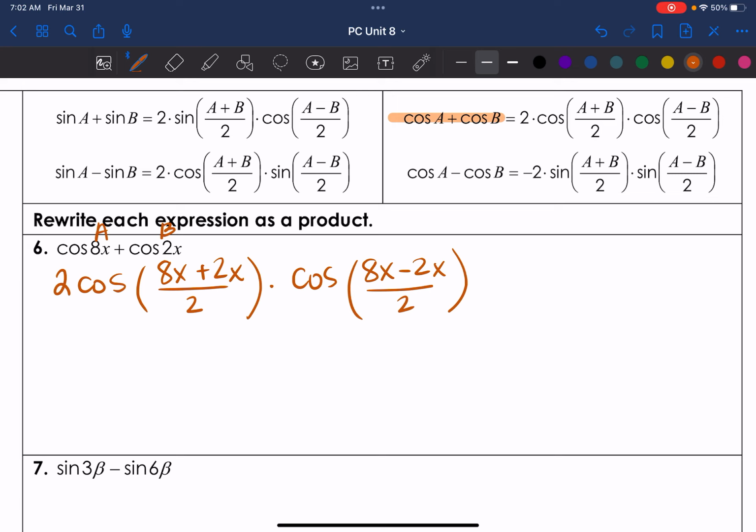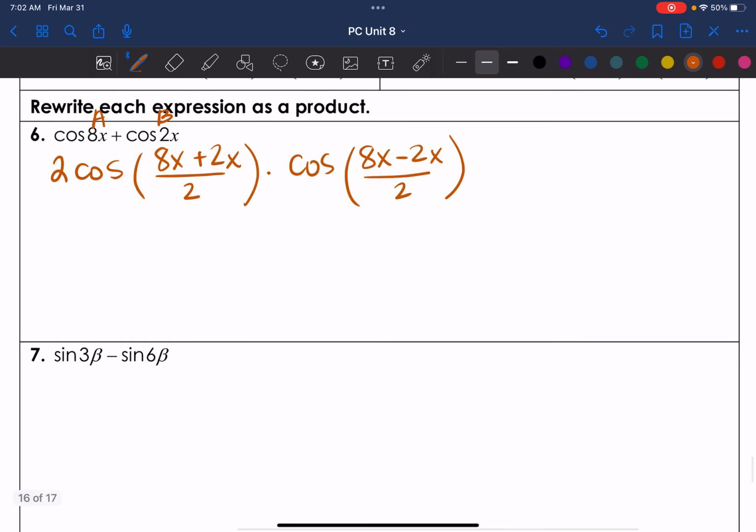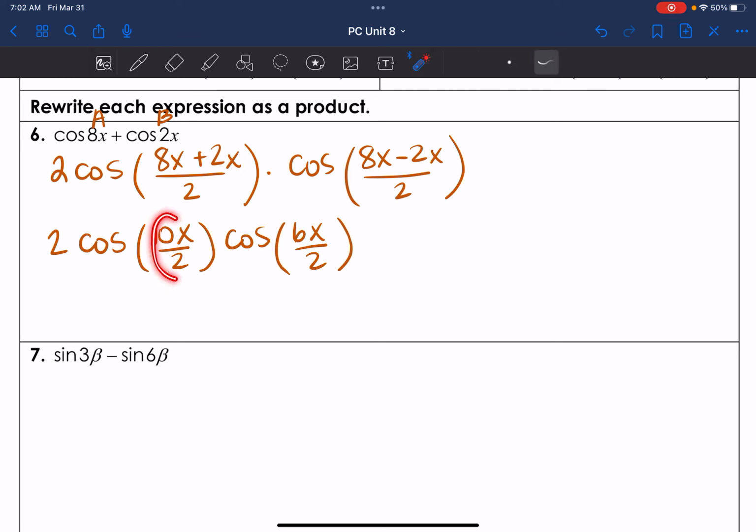Okay, so now we just simplify as much as we can. This would still have a 2 out front. Cosine of, well, 8 plus 2 is 10, so that would be 10x over 2 times, over here, 8 minus 2 is 6x over 2. They are both even, so we could actually do the dividing by 2.